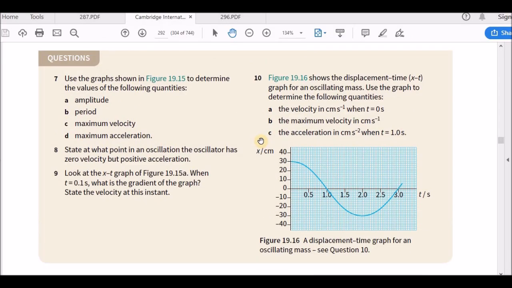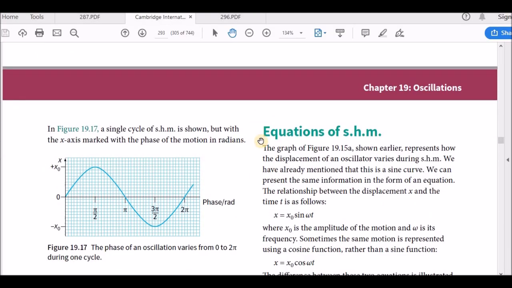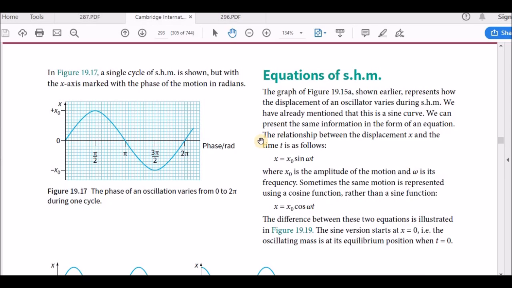Okay, so there are some questions over here, very important that you do them. We'll go through this bit also. In figure 19.17, a single cycle of simple harmonic motion is shown, but with the x-axis marked with the phase of motion in radians. You can see that here for one whole cycle it is 2 pi radians.